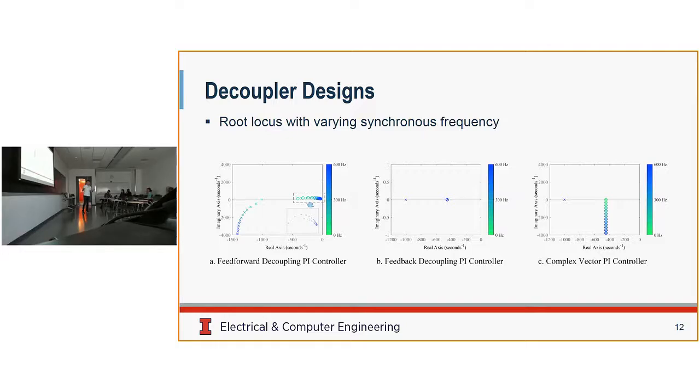In the second one, it cancels out the movement of the low frequency pole and the high frequency pole. And in the third one, the zero will be on top of the plant pole, so that this pole is also cancelled out.